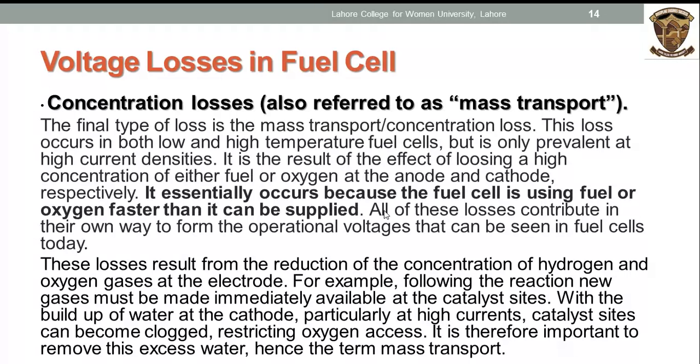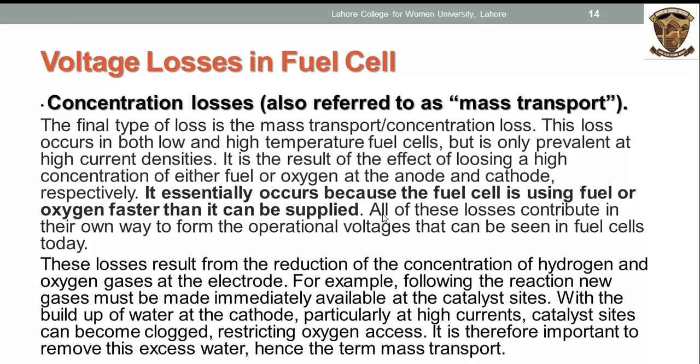It is the result of the effect of losing a high concentration of either fuel or oxygen at the anode and cathode, respectively. It essentially occurs because the fuel cell is using fuel or oxygen faster than it can be supplied. Like, supply is slower as compared to usage of the gases by the fuel cell.